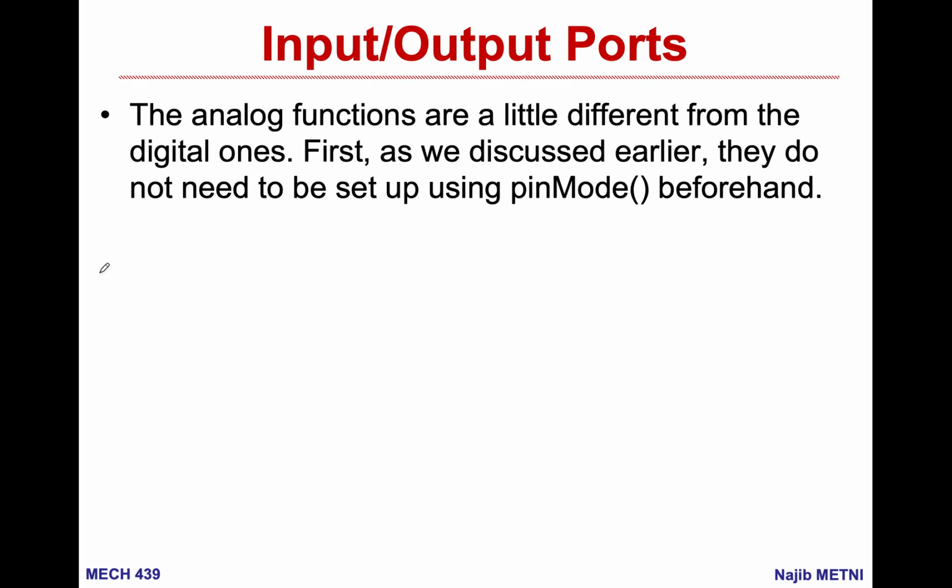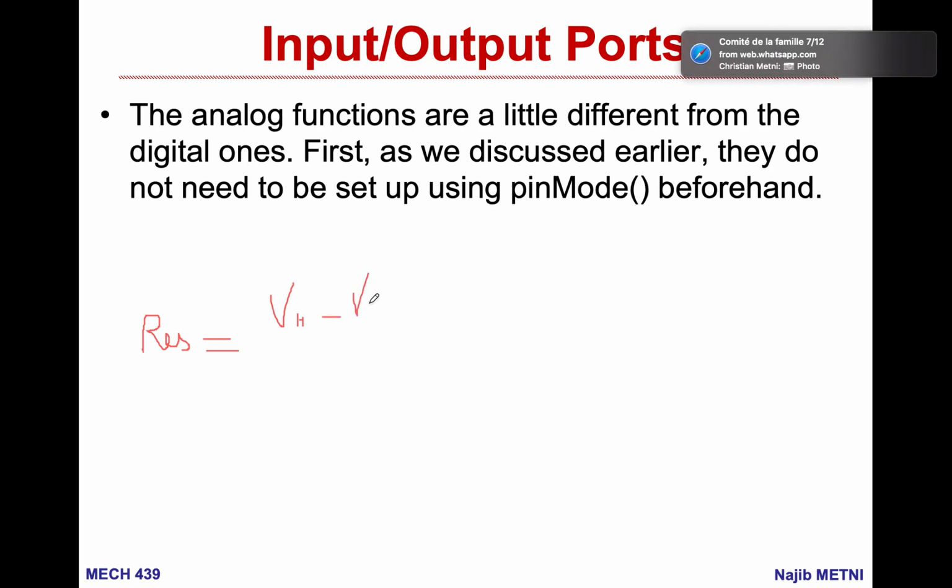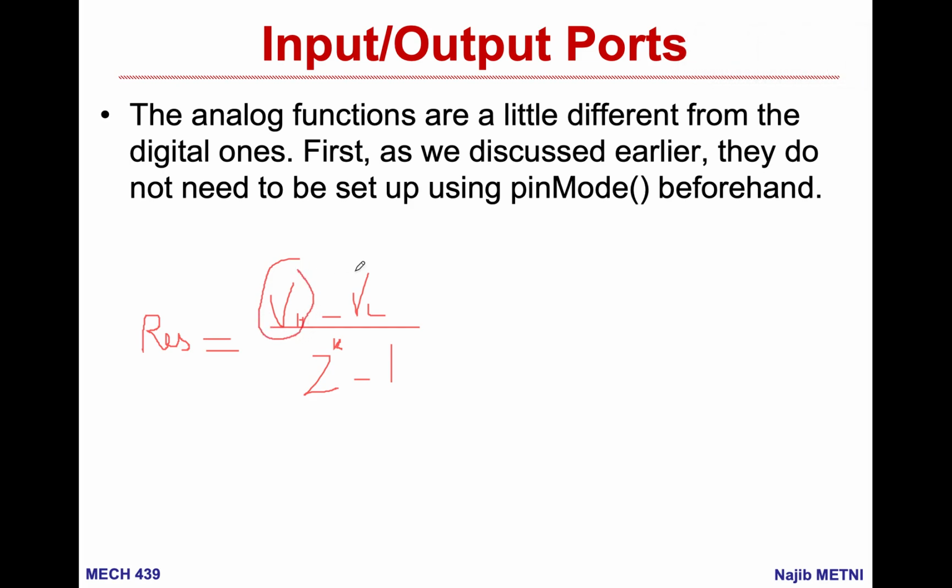So we can directly know the resolution of any analog input. It is equal to V high minus V low over 2 to the power K minus 1. V high is 5 volt, V low is 0, and K is 10.